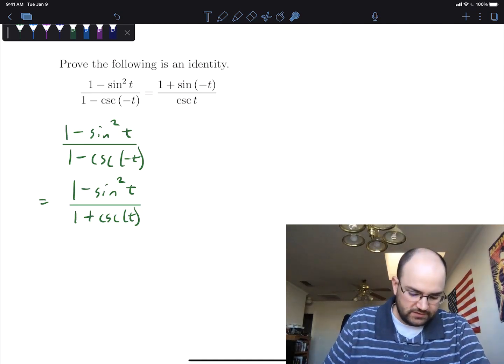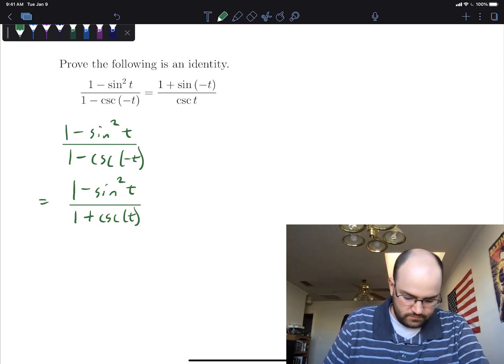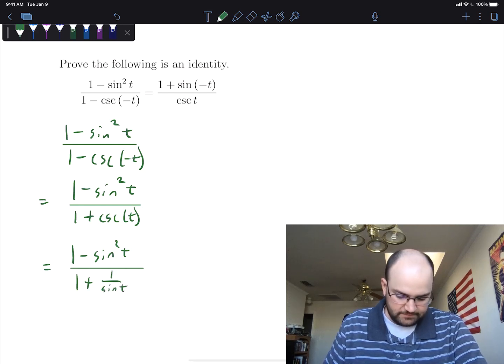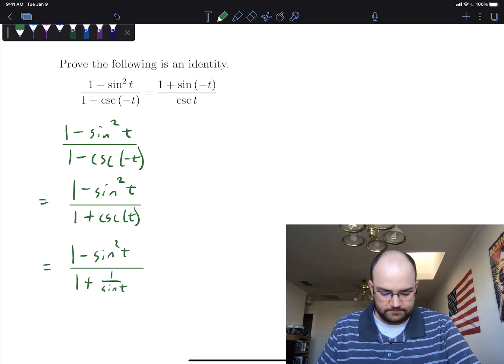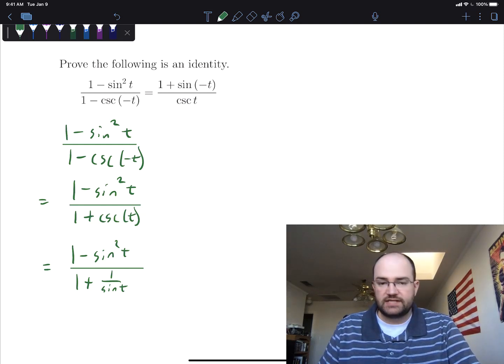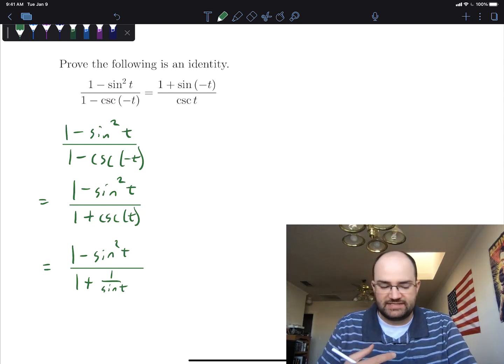So this is going to give me 1 minus sine squared of t all over 1 plus 1 over sine of t. Okay, so I've got everything in terms of sine, so I'm going to multiply every term in here by sine, but really what I'm going to do is multiply both top and bottom by sine.